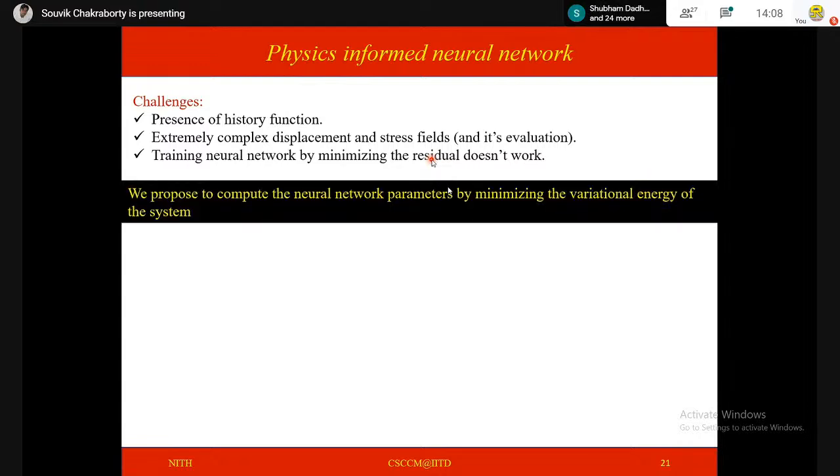So then we went back to the drawing board, we started reading literature on finite element method, and then we realized that modern finite element methods, or even finite element methods in general, do not directly minimize the residual of the problem. What it minimizes is the variational energy of the system. In other words, instead of solving the problem in the strong form, we solve the differential equation in the weak form. So we brought this idea of variational energy into the neural network, and what we solved is variational energy based physics informed neural network. That is what we proposed.